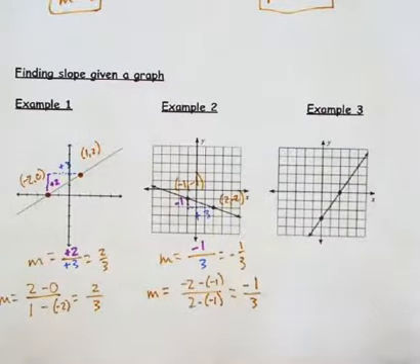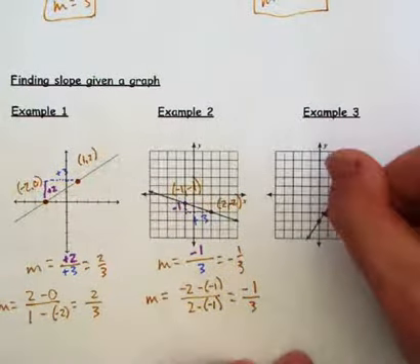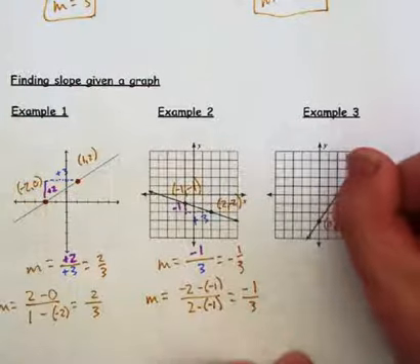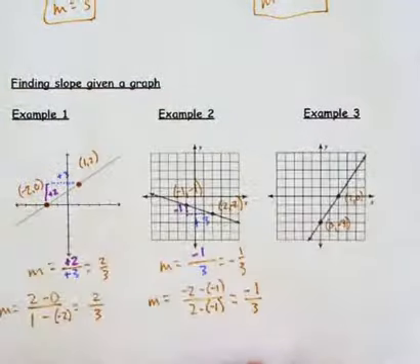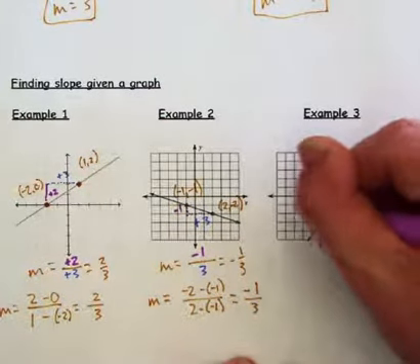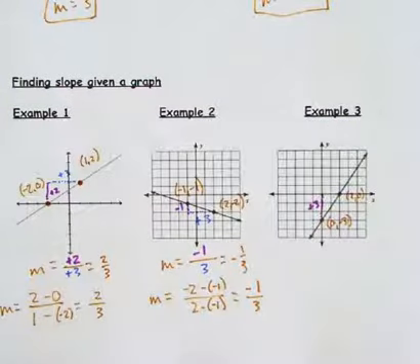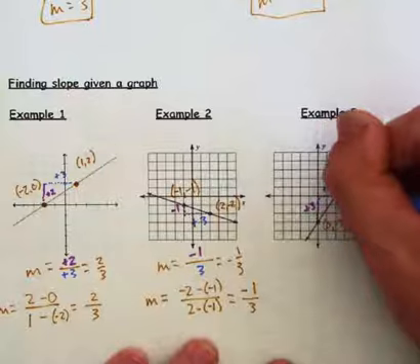And then finally, example number 3. I think we get the point now, but let's just do it again. We have 2 points. This point is at 1, 2, 3, so 0, negative 3. This point is at 1, 2, so 2, 0. So our y value changes by 1, 2, 3. That's 3. Our x value changes by positive 2.